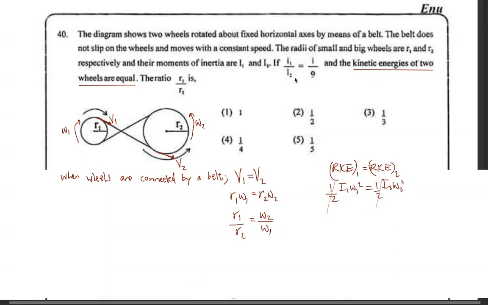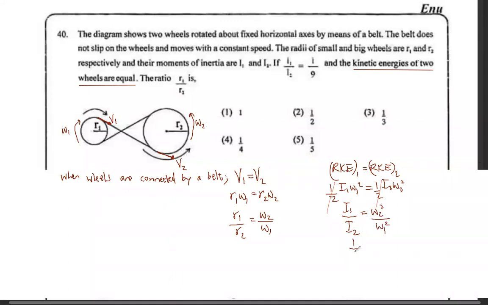I1 over I2 they have given us. So let's make that the subject on one side. We have I1 over I2, and on the right side we have omega 2 squared over omega 1 squared. So we are almost there.